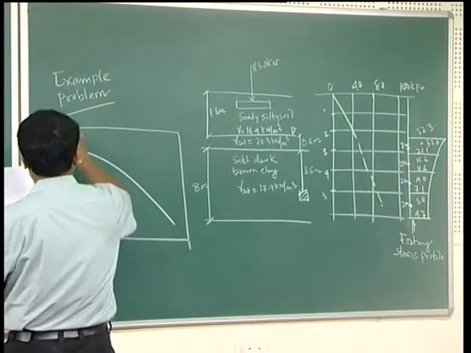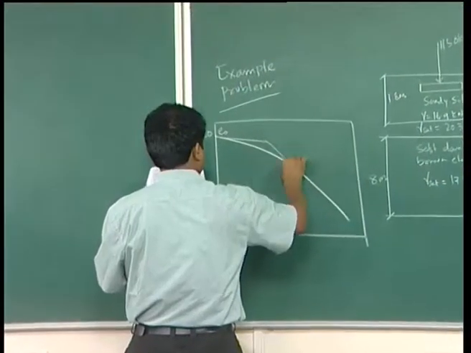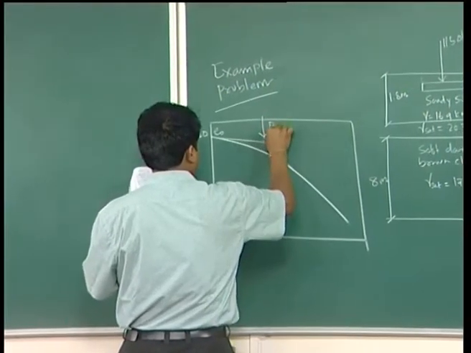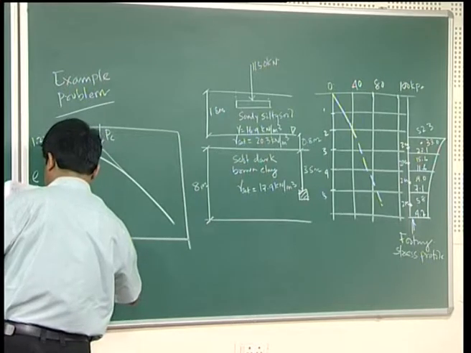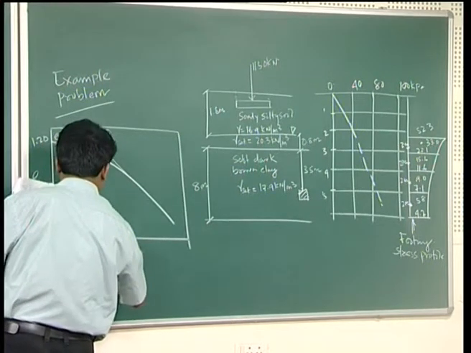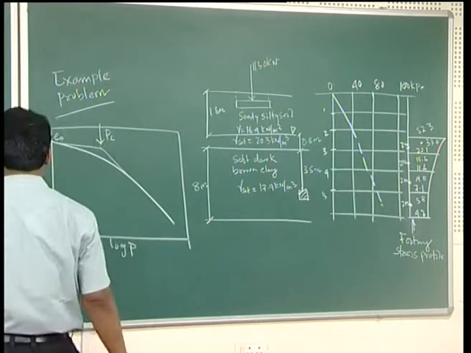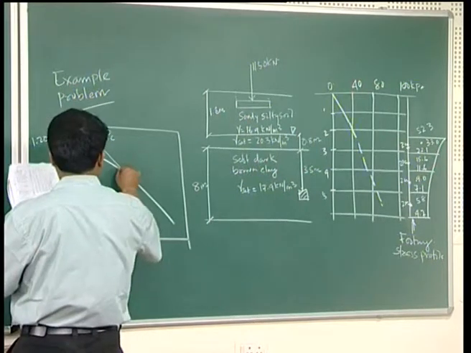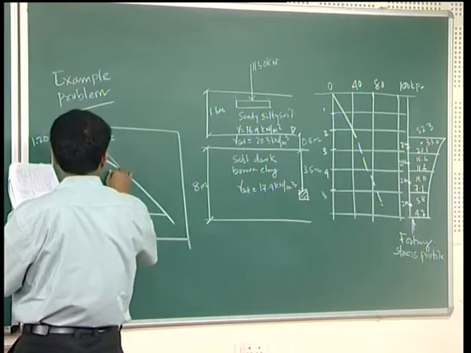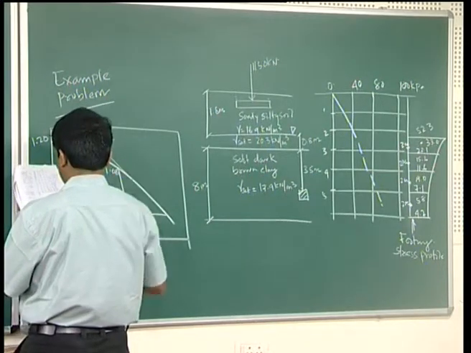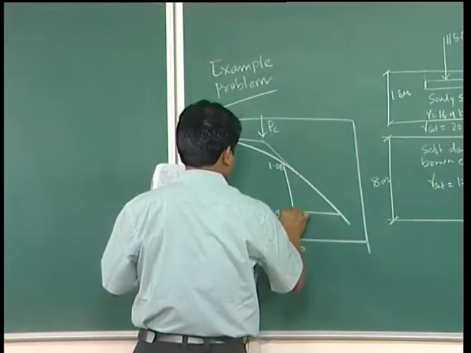Now, this is your PC, E versus log P. This is a 1.08, this is a 0.72.